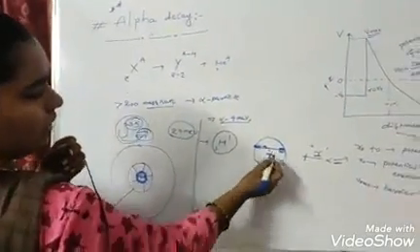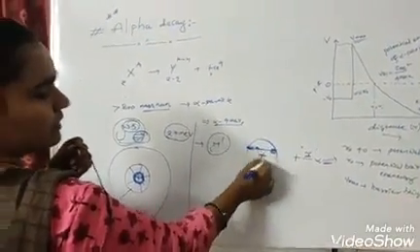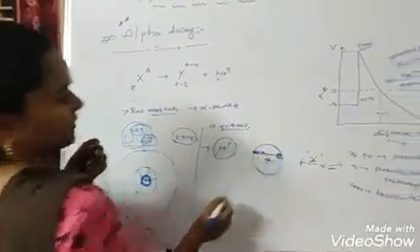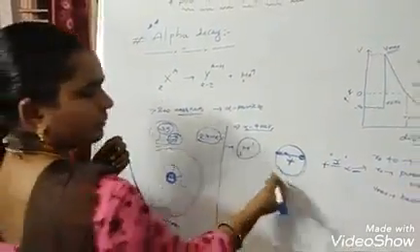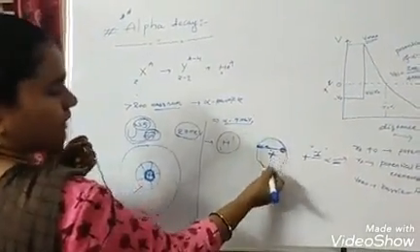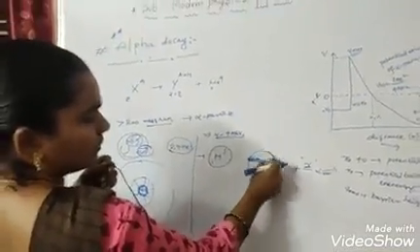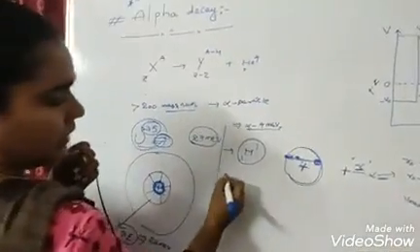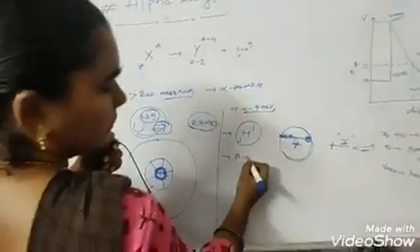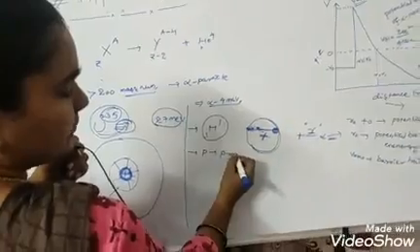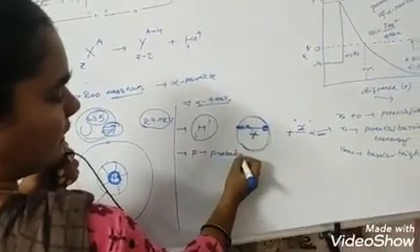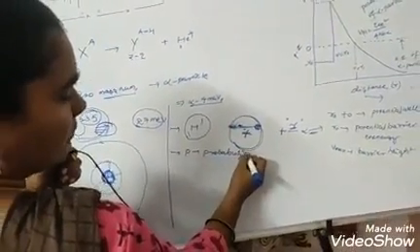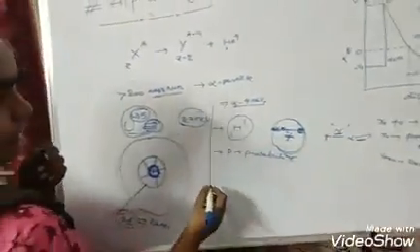And here we know that when the alpha particle is moving through this area, some leakage takes place. I mean, there is some probability that this alpha particle moves from this area to outside. That is called the probability, represented by P, the probability of transmission of the alpha particle.